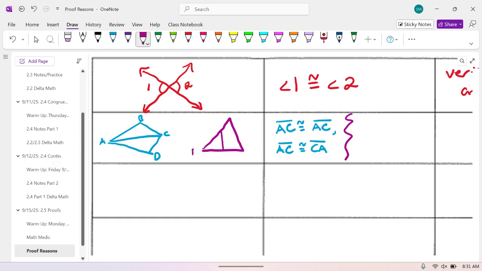Let's call this E, F, G, and then this segment will be HJ. I'm going to mark this angle right here, and I'm going to say that angle E is congruent to angle E. Now, this is something that we've already talked about before. What property do you think I'm talking about here? I said it like 5 minutes ago.